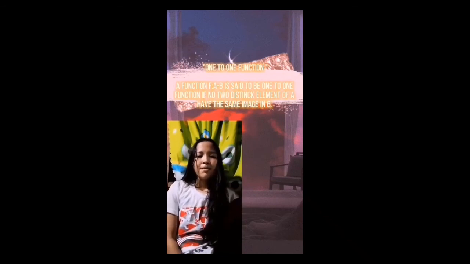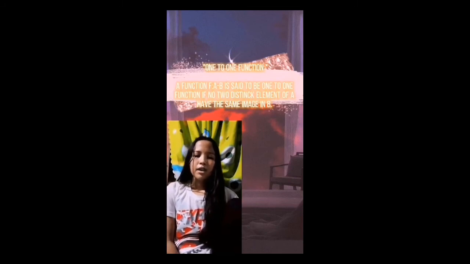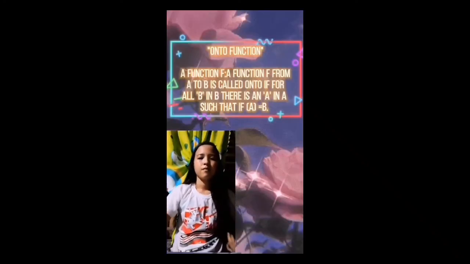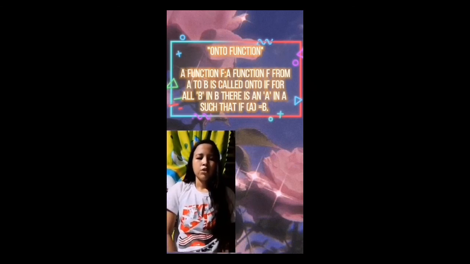These are the two types of function. One-to-one function. A function f from A to B is said to be a one-to-one function if no two distinct elements of A have the same image in B. Onto function.